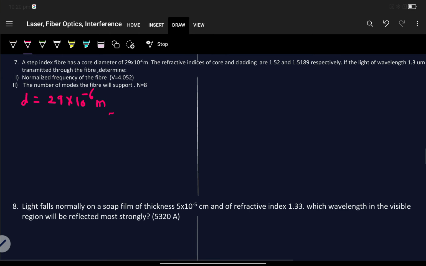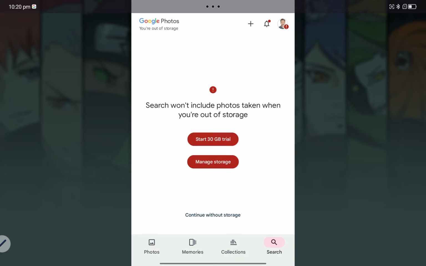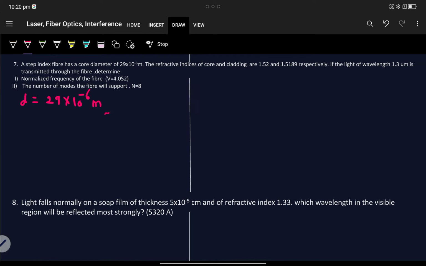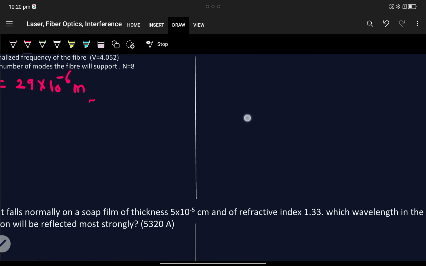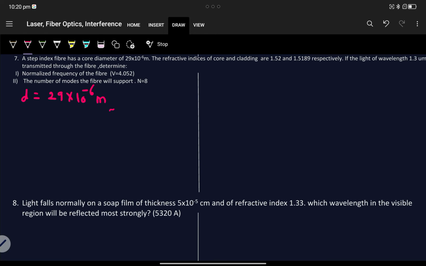Refractive index of core is given 1.52, and refractive index of cladding n2 is 1.5189.